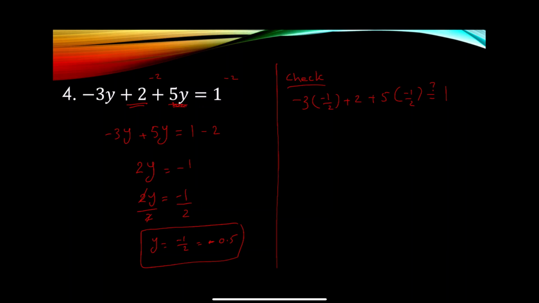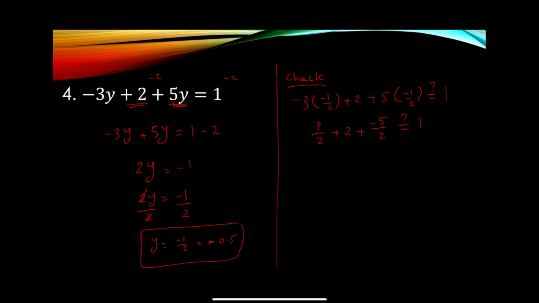Negative 3 times negative 1 over 2 is 3 over 2. Plus 2 plus 5 times negative 1 over 2 is negative 5 over 2. Now the question is, is it equal 1?